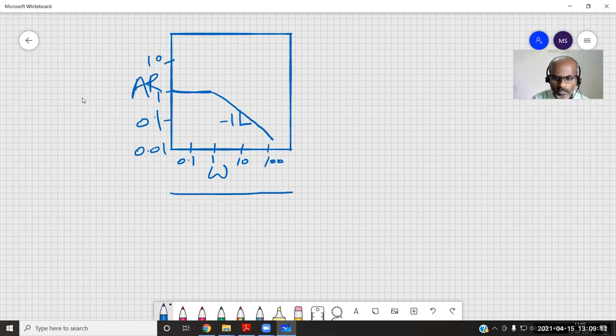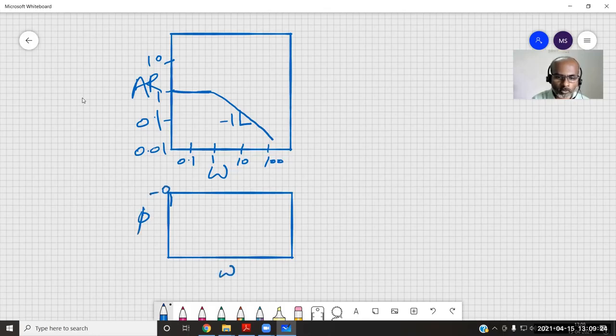The other plot is phi versus omega. Phi starts from 0, and goes somewhere around -90, -180, up to a maximum of say -360.